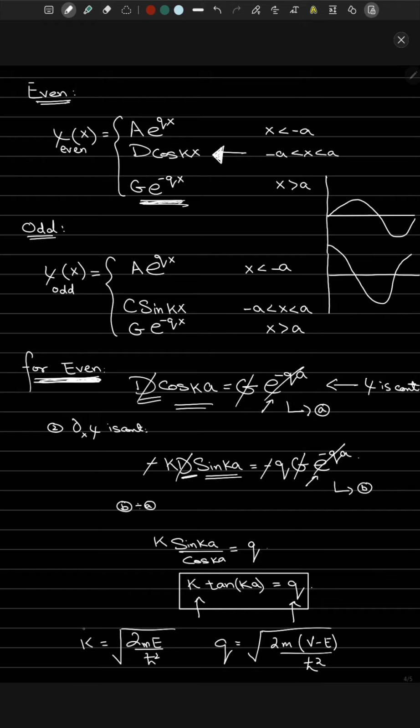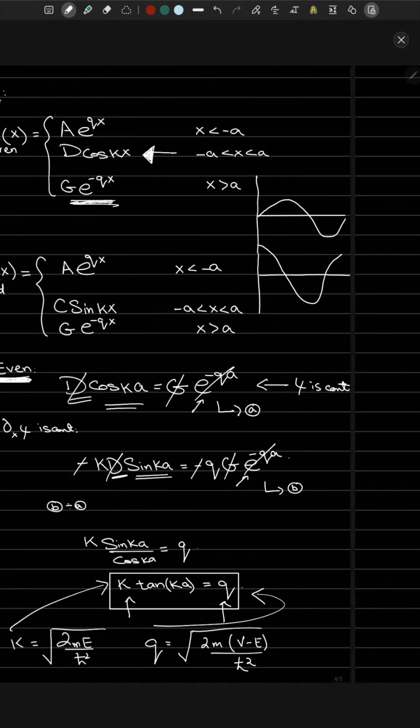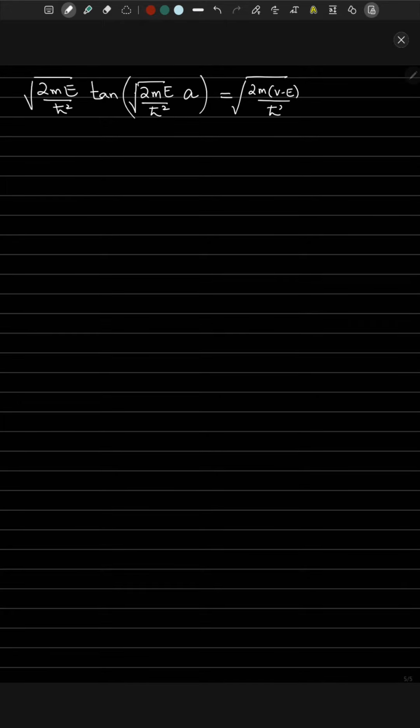And I'm going to put these values of k and q in this equation, and upon doing so, what I get is square root 2me over h cut square times tangent. Now you had k times a, so let's put the value of k, which is again square root 2me over h cut square, multiplied with a, is equal to q, but q is square root 2m v minus e over h cut square.